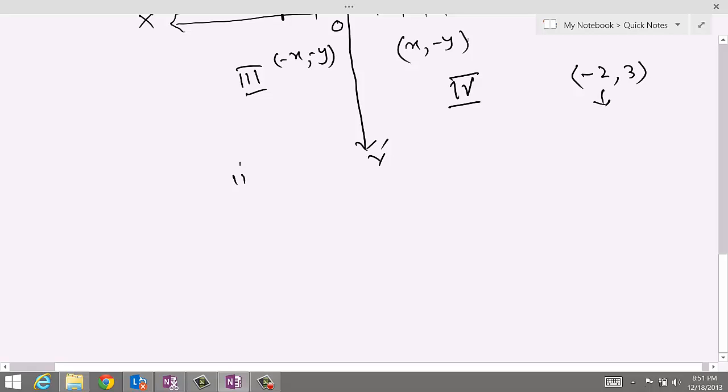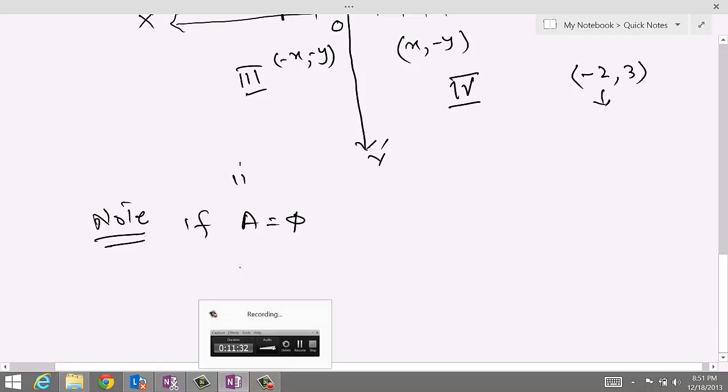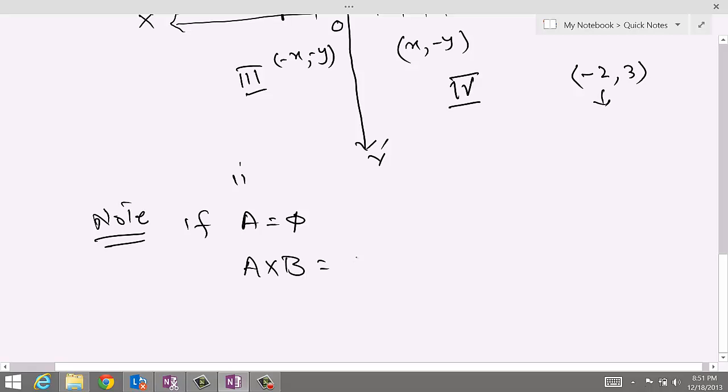What would happen if one of the two sets A and B was a null set? So remember this thing, that if A is equal to null set, doesn't matter whatever B is, A cross B is always going to be a null set.